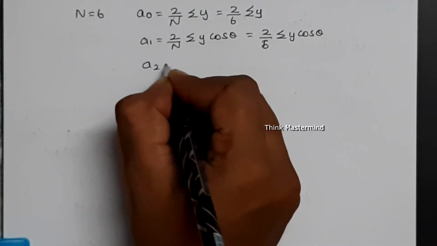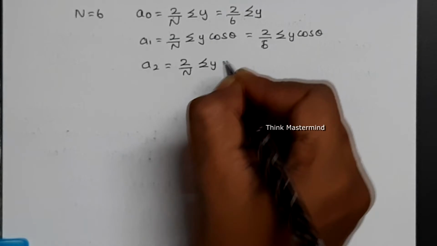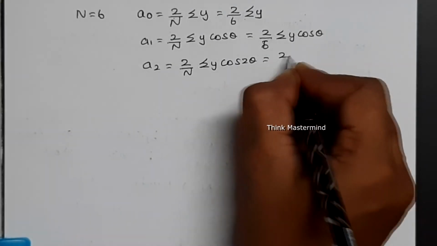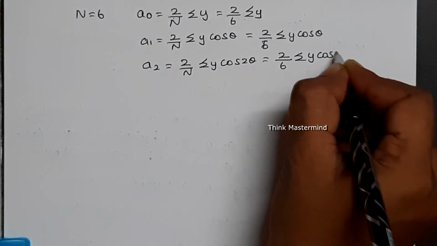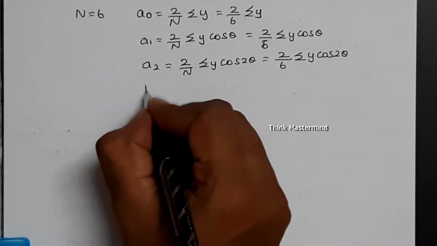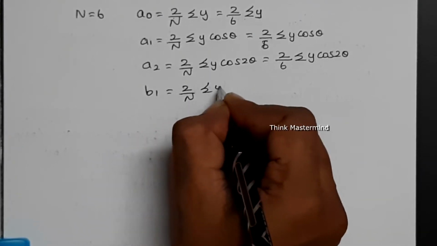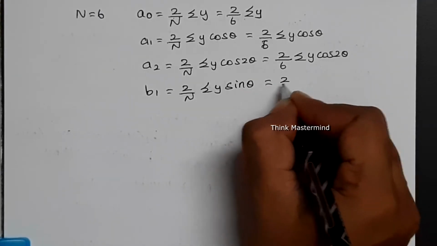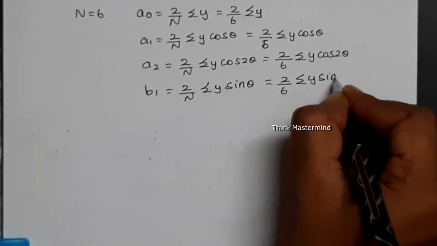Similarly, a2 is 2 by n summation y cos 2 theta, that is 2 by 6 times summation of y cos 2 theta. b1 is 2 by n summation y sin theta, that is 2 by 6 summation y sin theta.